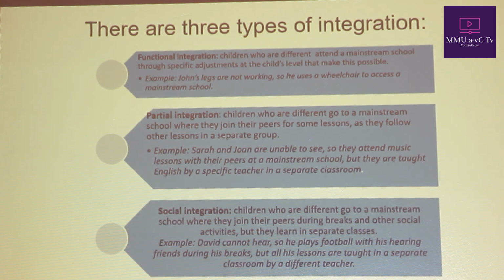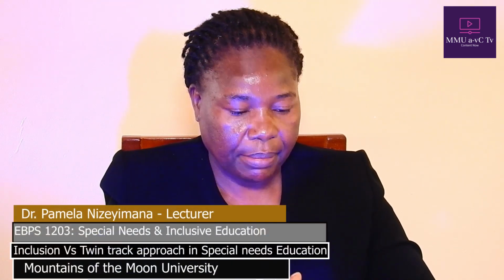Then social integration. In this one, children with disabilities go to the mainstream where they join their peers during break time or other social activities. So they are not fully integrated. They even do not attend some lessons with other children, but they interact with the other children during break time, during lunchtime or during play games.